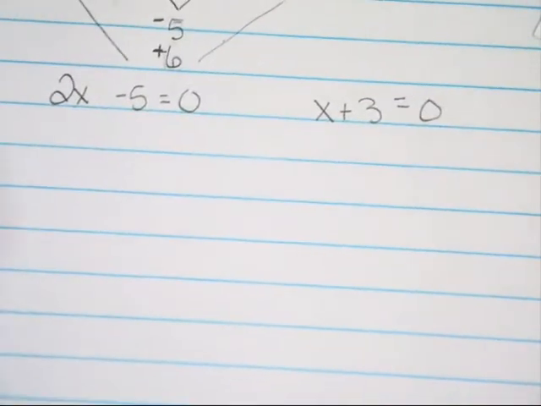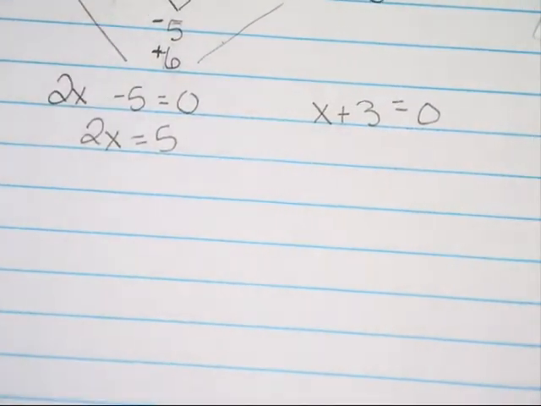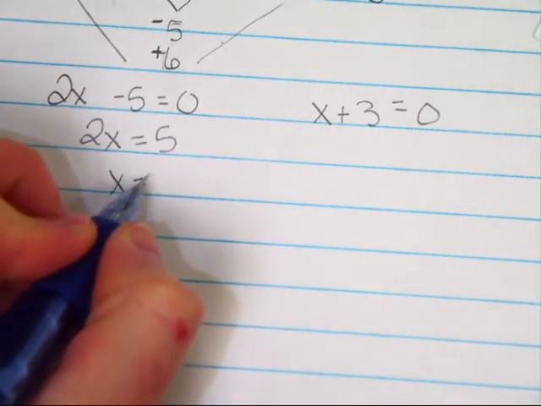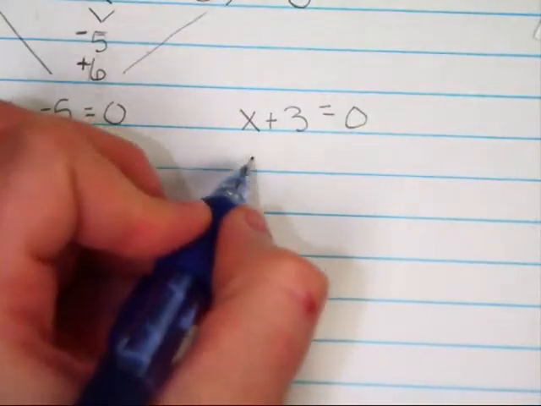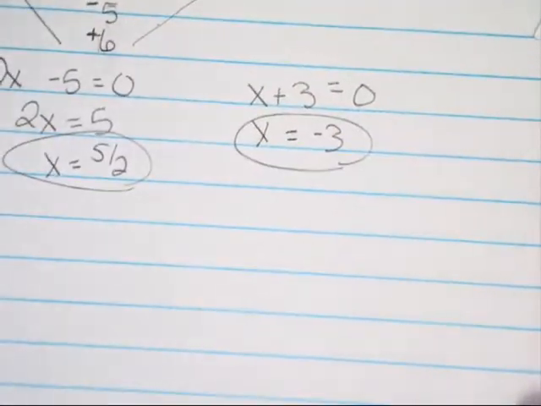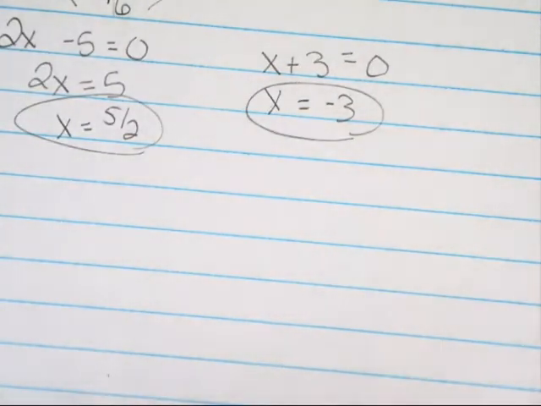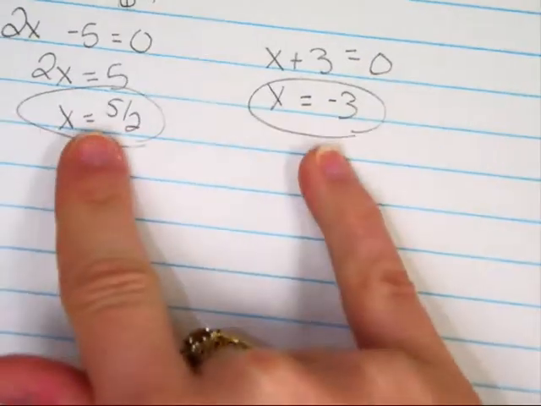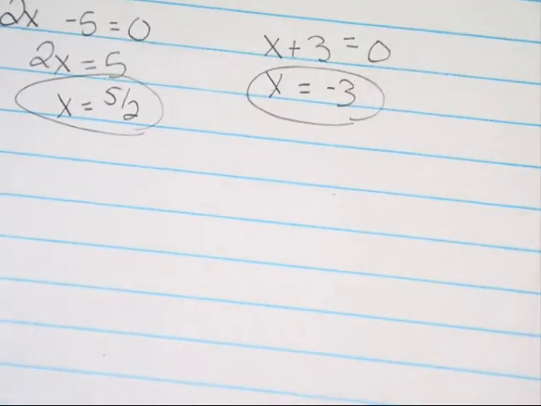Now solve. Add 5. Divide by 2. You have a solution. On this one, all you have to do is subtract 3, and you have a solution. Let's try one more. If you wanted to check if these are right, you would just plug them up at the top.